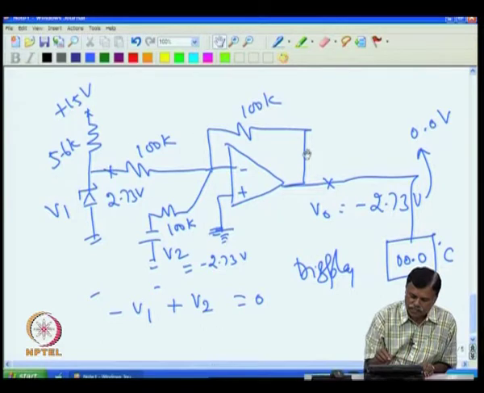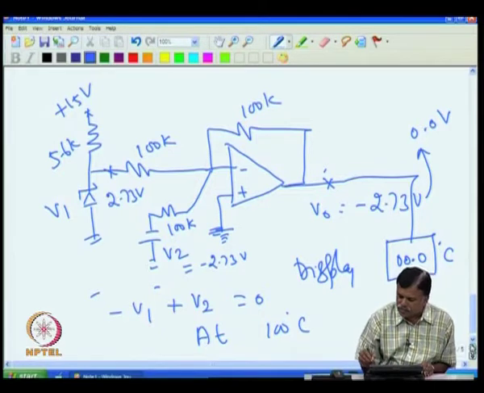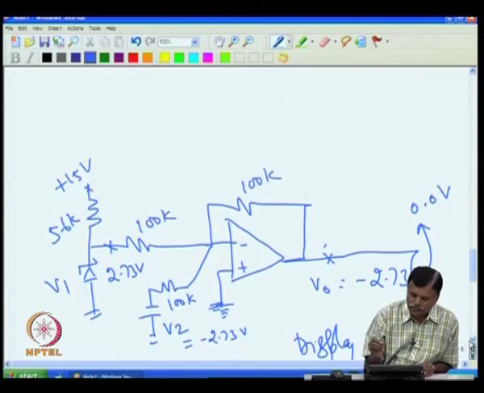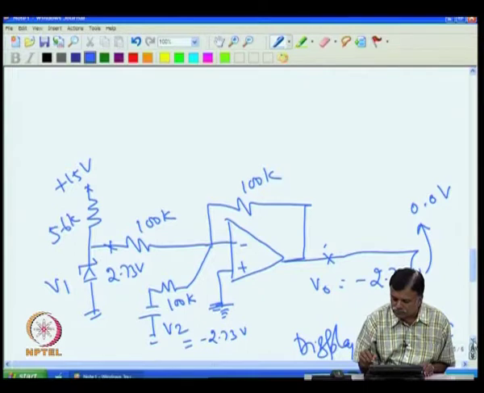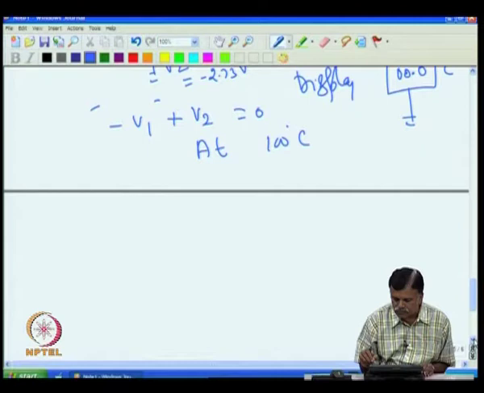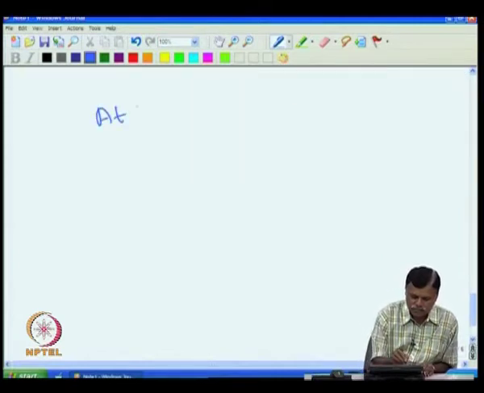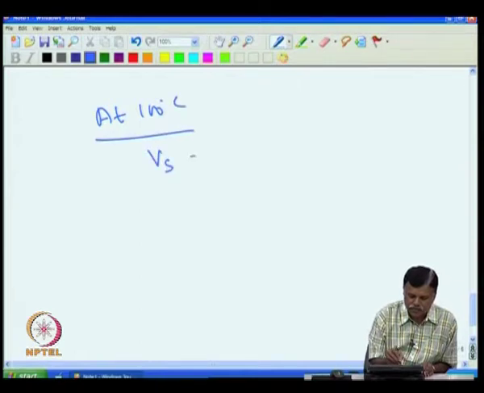That means, if we see the output due to V1 at 100 degree C, then V sensor will be 3.73 volt.